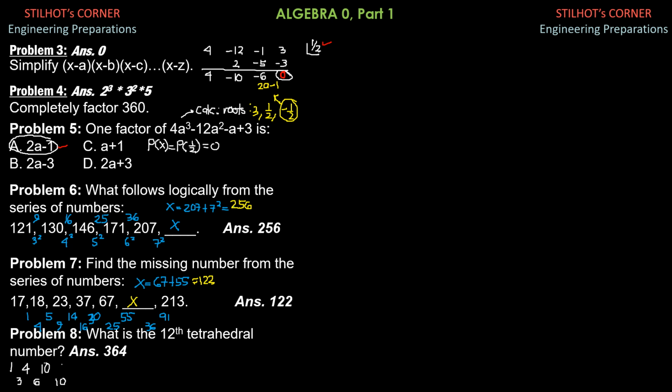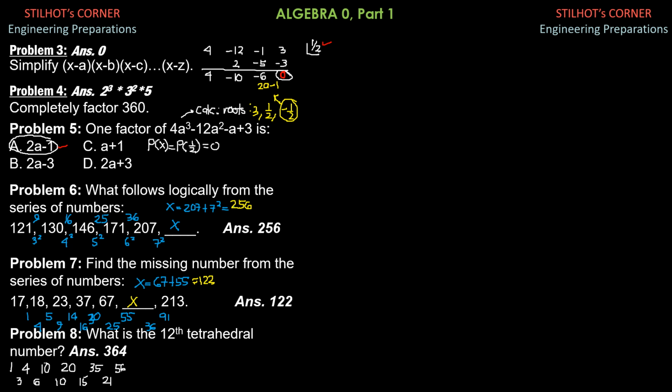So the fourth tetrahedral number is 20. Then after 10 is 15. So 20 plus 15 is 35. After 15 is 21. So 35 plus 21 is 56.